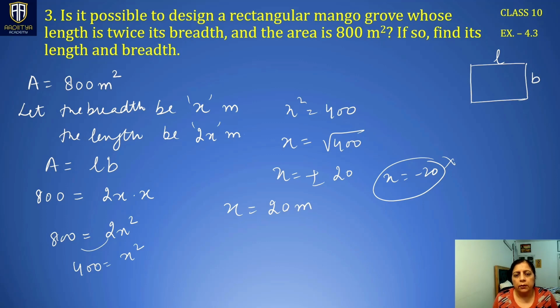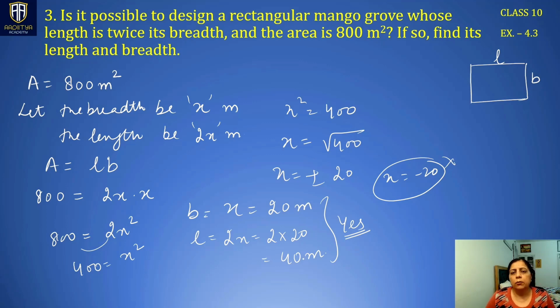Breadth is 20 and length is 2x, that is 2 into 20 means 40 meters. So yes, we can design a mango grove whose length is 40 and breadth is 20, so that area becomes 800 meters square.